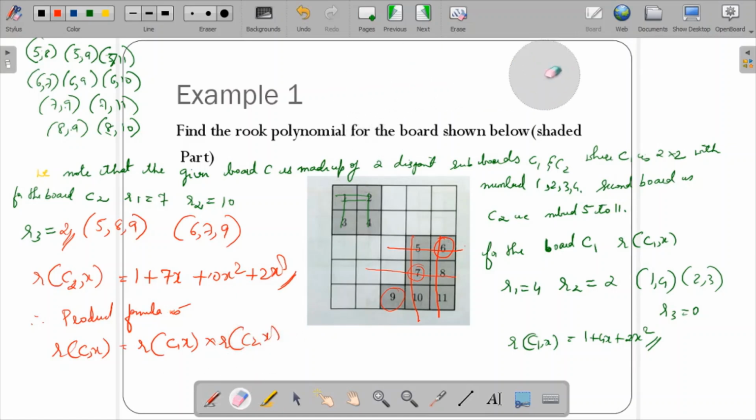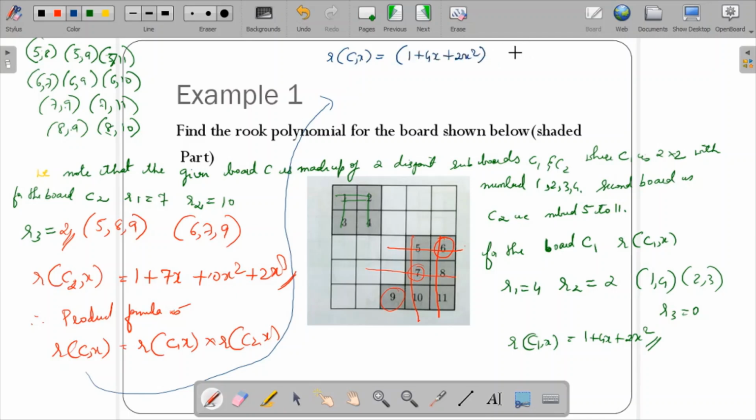So I'll write over here. Okay, so R of C of x would be C1 of x, which was 1 plus 4x plus 2x square, into 1 plus 7x plus 10x square plus 2x cube.